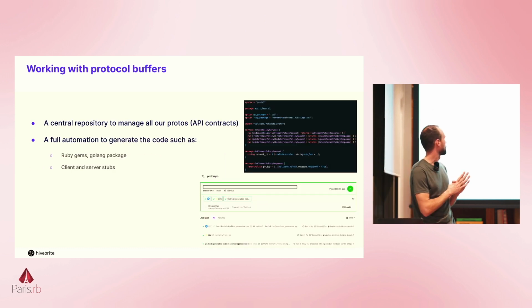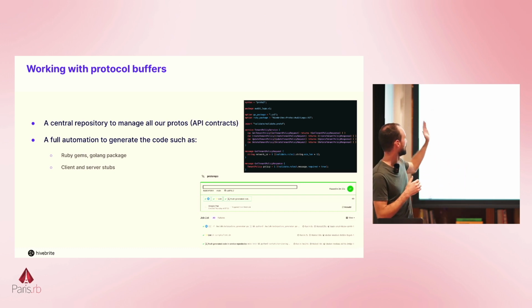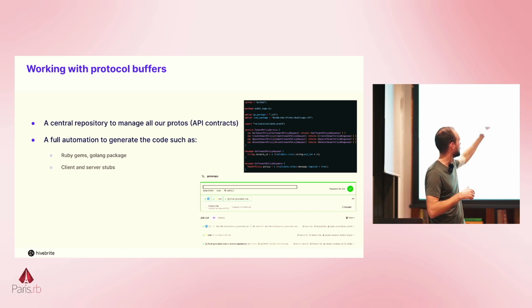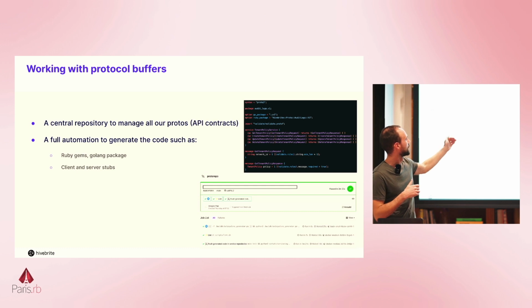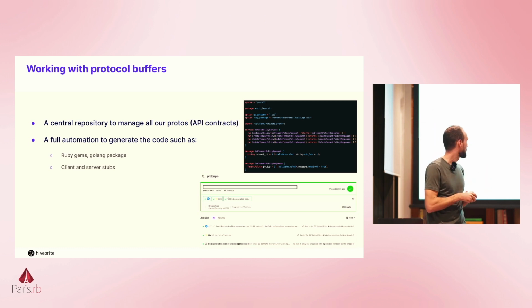Everything is stored in a central repository, which is called the proto repo. Here on the right we have the definition of a protocol buffer. It's like a contract. You can have the service, you can have RPC methods, and you have the tenant policy request, things that come in, and tenant policy response, things that come out.